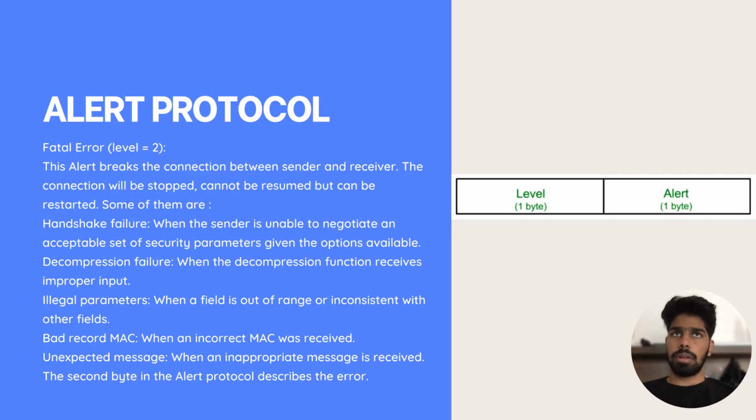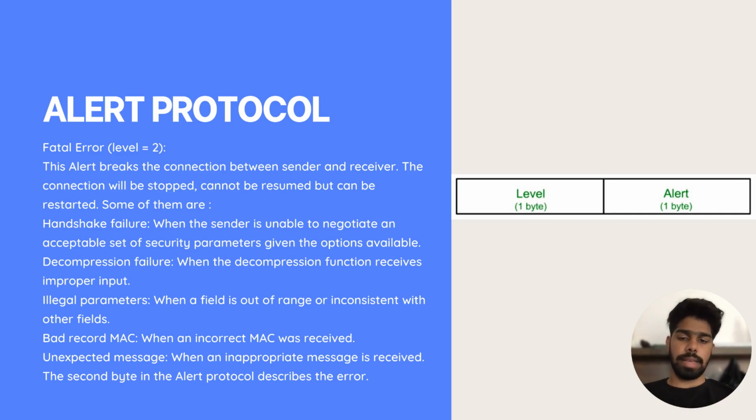Then you have decompression failure, where the decompression function receives inappropriate input. Illegal parameters, when a field is out of range or inconsistent with other fields. Bad record MAC, when an incorrect MAC is received, and unexpected message, when an inappropriate message is received. The second this happens, this error will pop up.